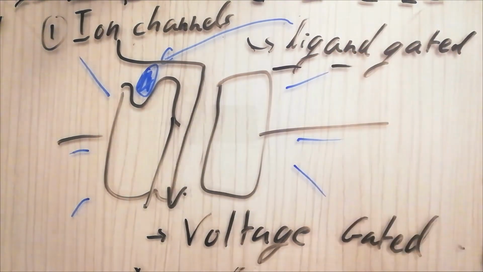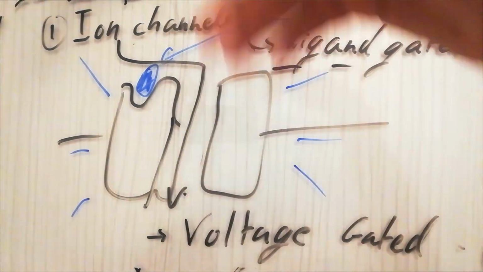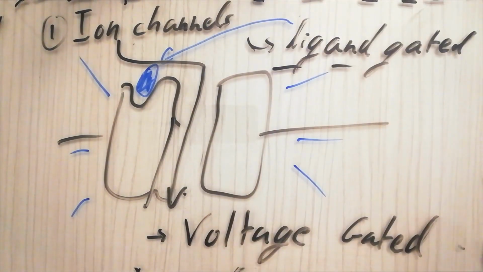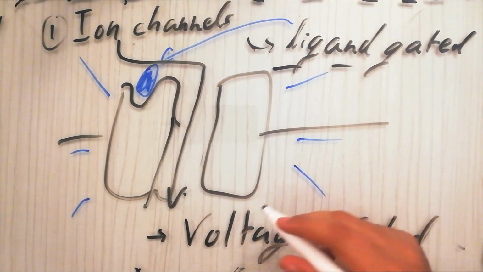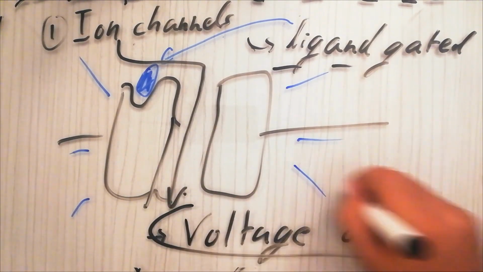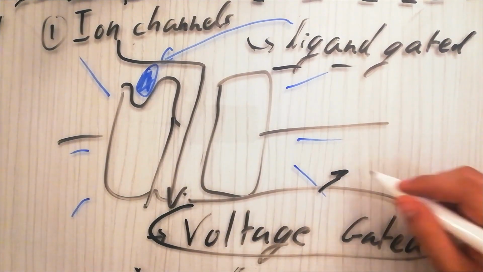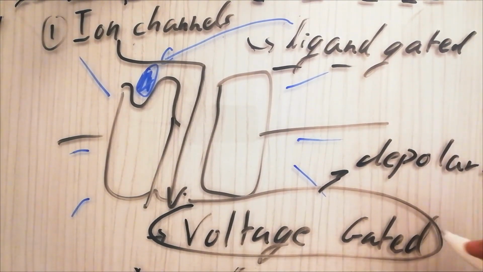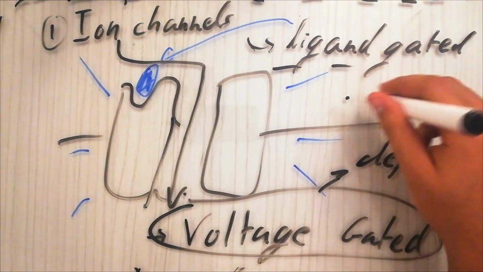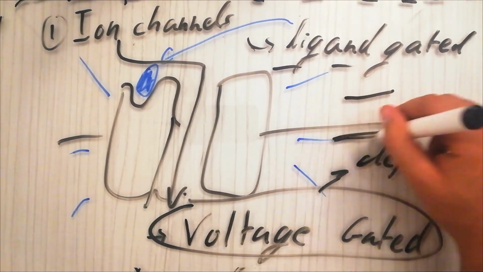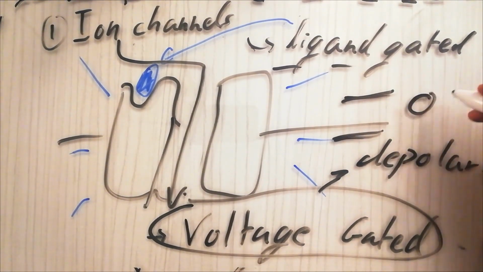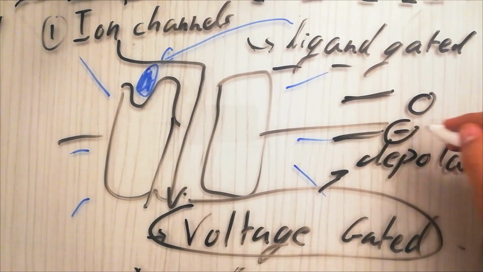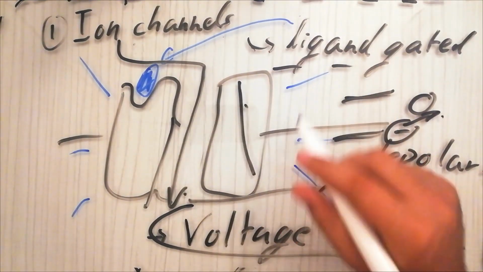There is a second type of ion channels that is voltage-gated. These open upon depolarization of the membrane. So when the potential difference between both sides of the membrane goes from a negatively charged one to closer to zero, it causes these channels to open.